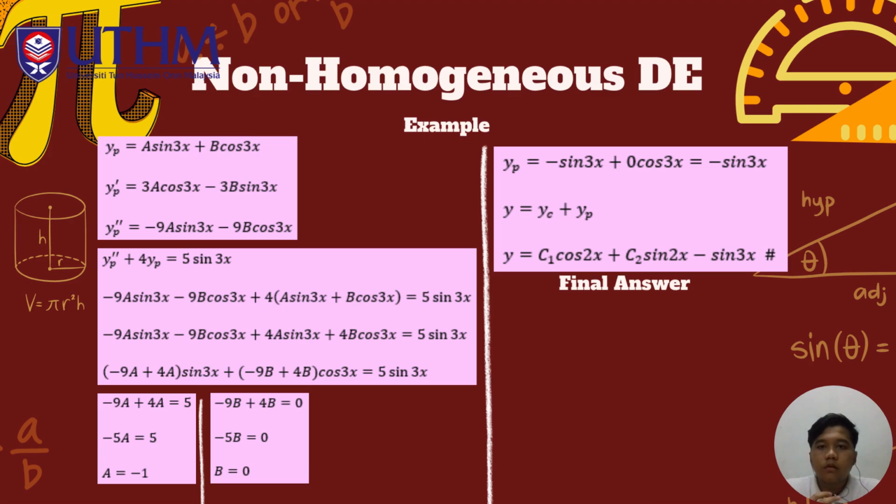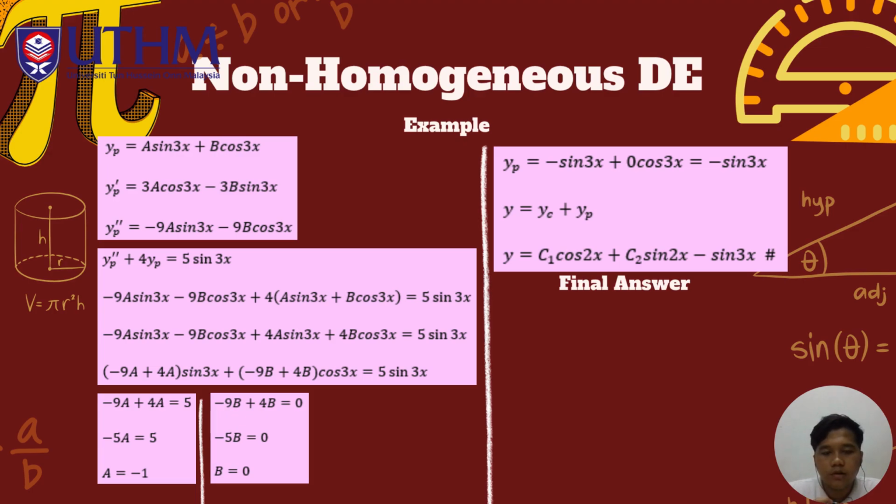After that, we differentiate the original yp, that is yp is equal to a sin 3x plus b cos 3x. Then we get yp prime and yp double prime. Based on the question, we have yp double prime plus 4yp is equal to 5 sin 3x.